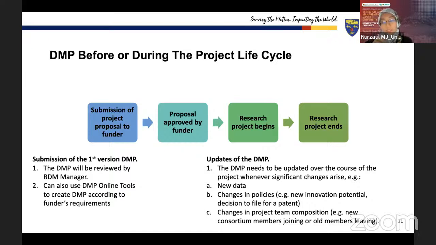So there are some changes in the policy itself, how you want to make the data accessible. So you have to update the DMP. DMP is a living document, so you need to keep on updating if there are very significant changes in your project. And perhaps there are changes to your project team composition. So definitely you need to update that as well.